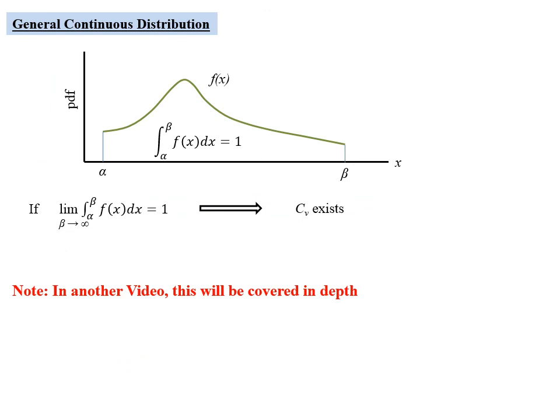There is another case here, which is called the general continuous distribution.